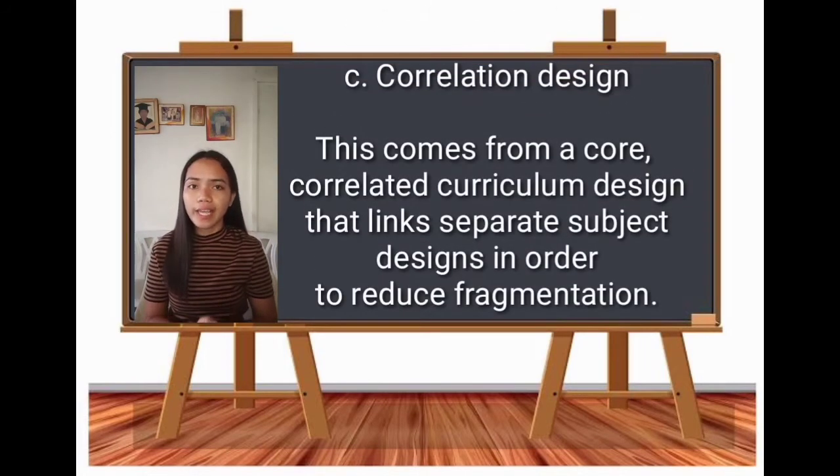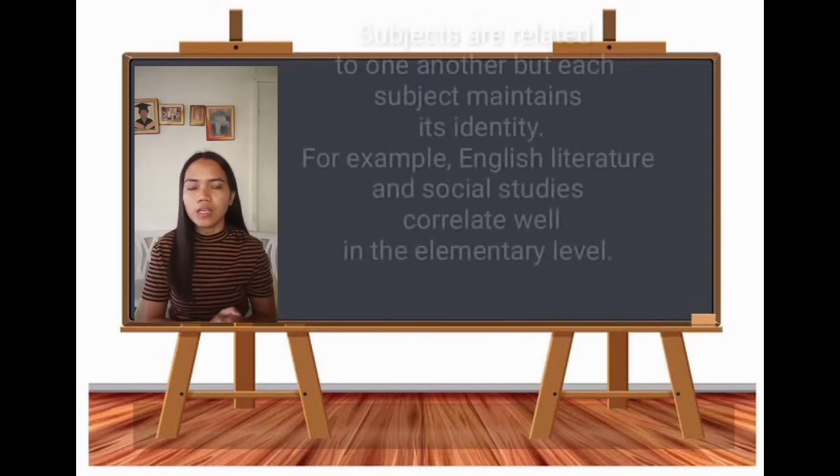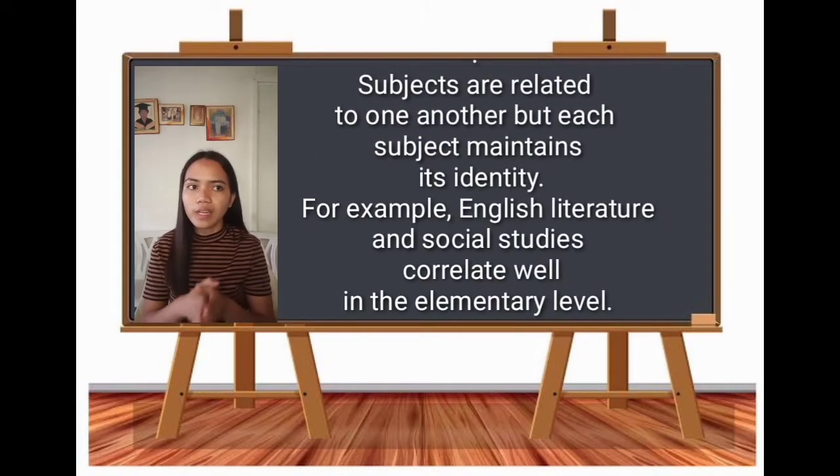Third, correlation design. This comes from a core. Correlated curriculum design links separate subject designs in order to reduce fragmentation. Subjects are related to one another, but each subject maintains its identity.